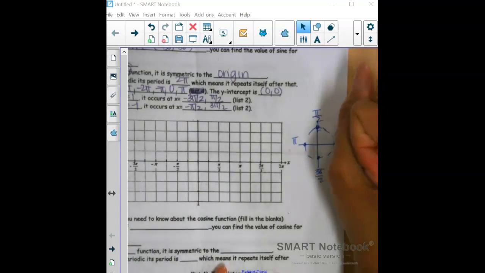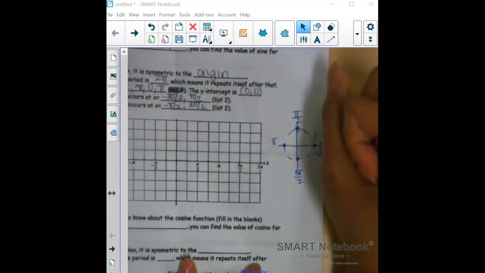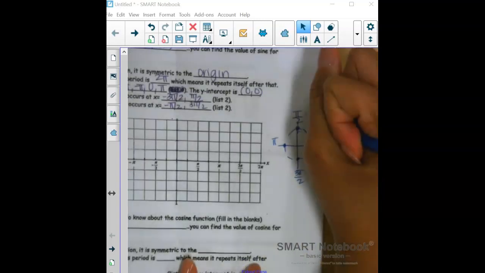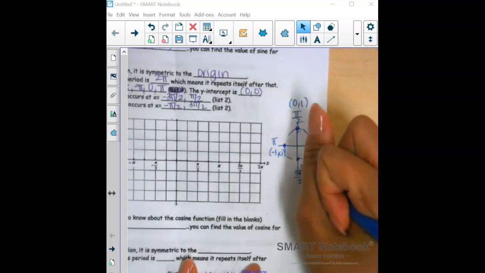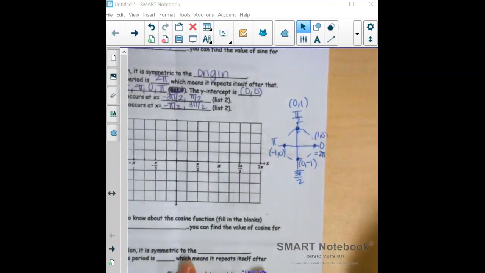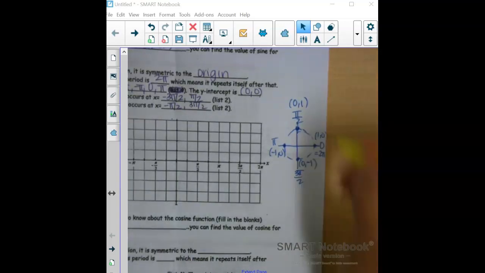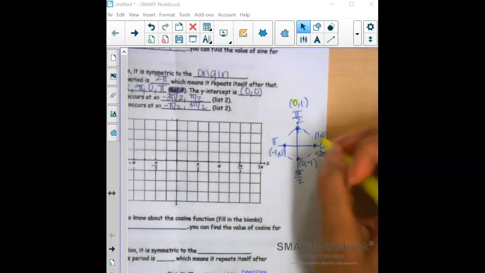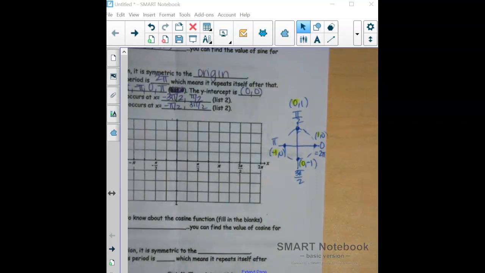And I'm also going to recopy the coordinates, the exact same coordinates, so that I have them down here. Melissa, is cosine the x or the y coordinate? It's the x coordinate. So I'm only going to focus on the x coordinates from my little unit circle. We're going to take those x coordinates and fill them in over here.